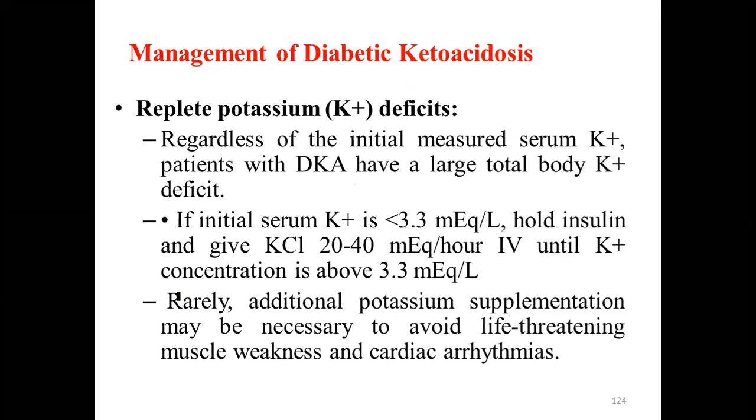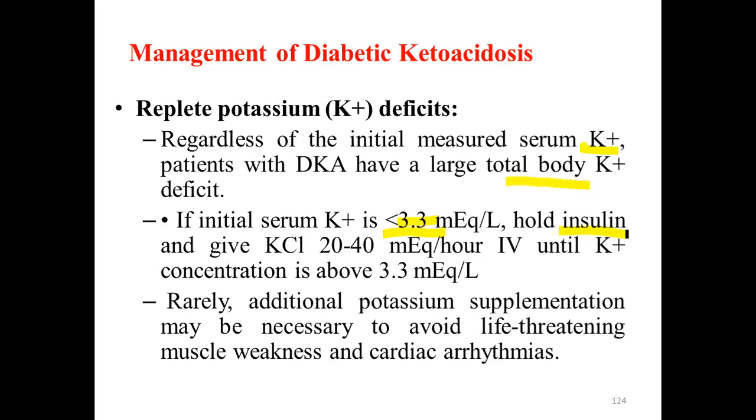Then replace the potassium deficit. Remember, regardless of the initial measures of potassium, patients with DKA have a large total body deficit, as I mentioned before. So if the potassium level is less than this, hold insulin therapy. Because insulin promotes what?